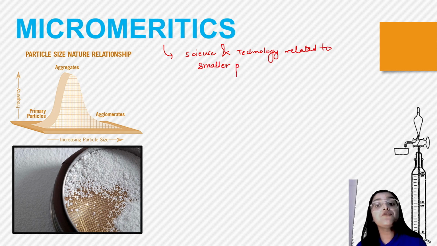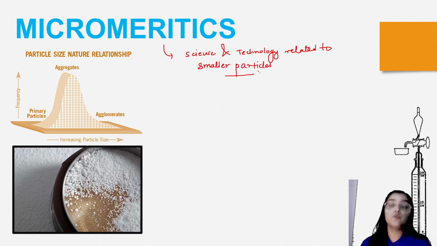From the formulation point of view, we all now know that particle size is a really important factor. We have to understand how particle size affects the release from dosage forms, including oral dosage forms, injectables, parenteral routes, and the rectal route.